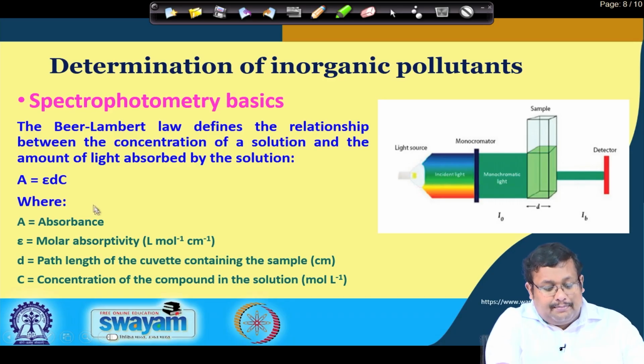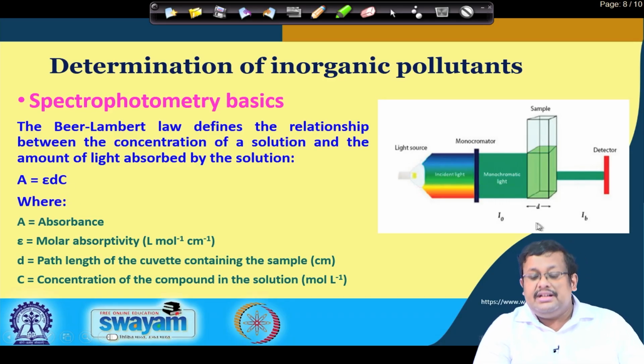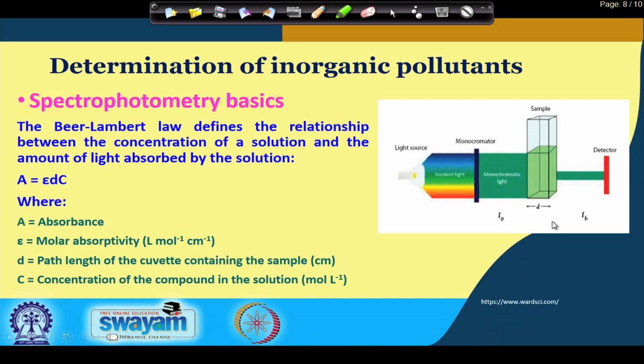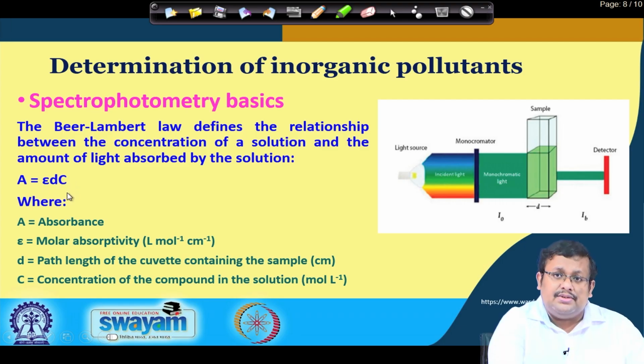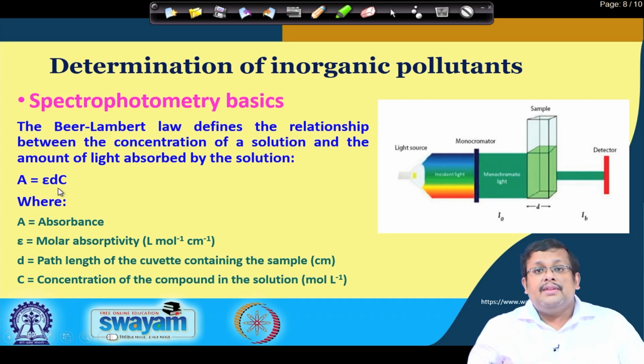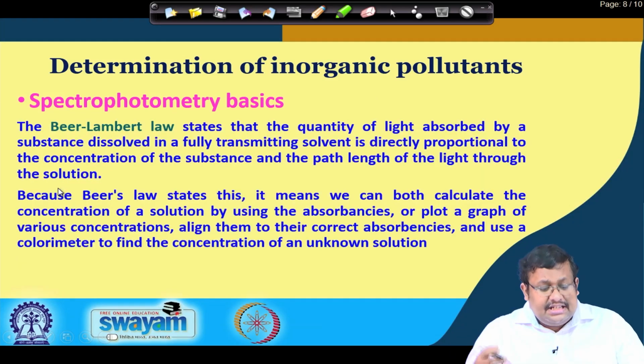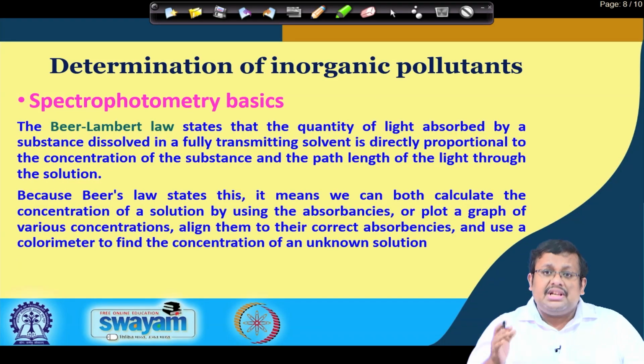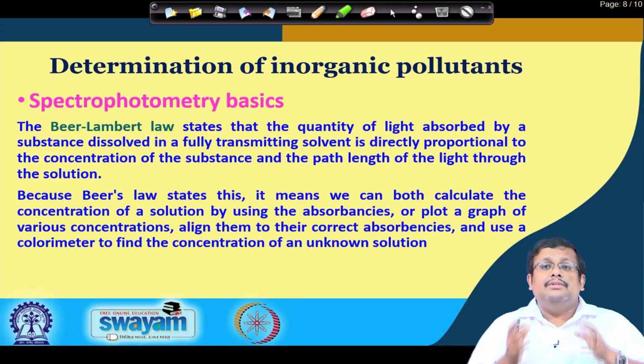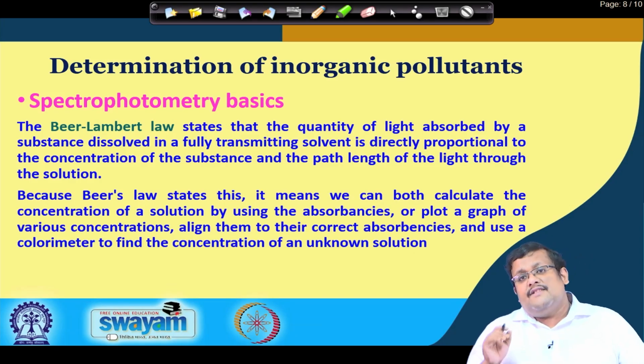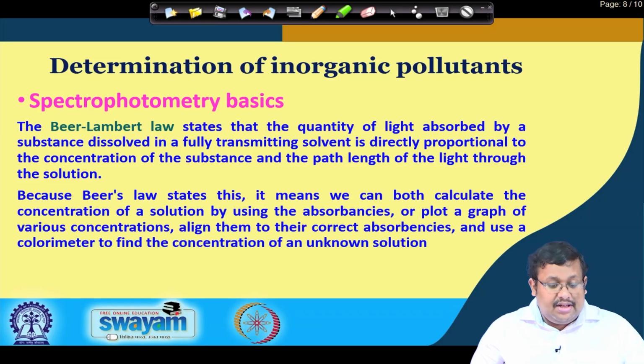When we are using a specific cuvette, the path length d is fixed, so d is constant. So, basically the absorbance varies with the concentration of the solution. By measuring the intensity of the light, we can measure the concentration of the solution. This is how we utilize Beer's and Lambert's law for measurement of the concentration of a solution.